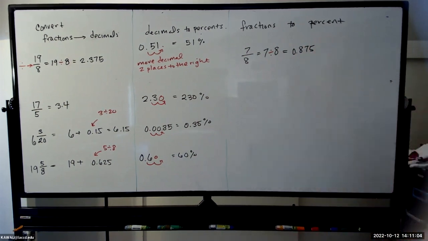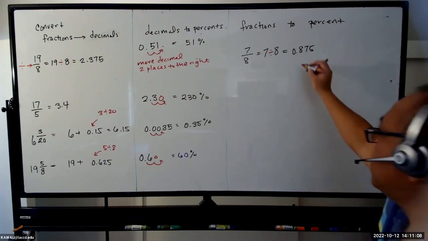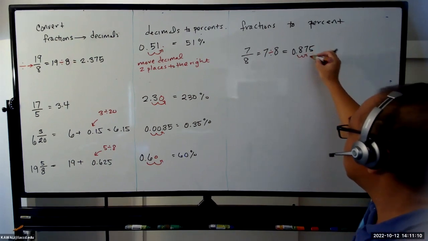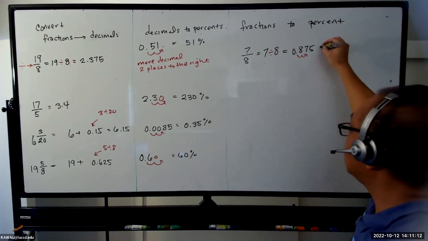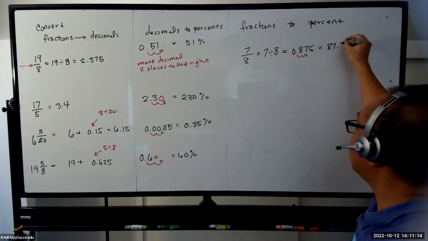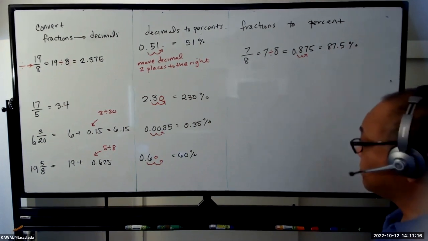So now that's a decimal. But I want this to be a percent. So I'm going to move this 2 places. And it's going to be 87.5%.